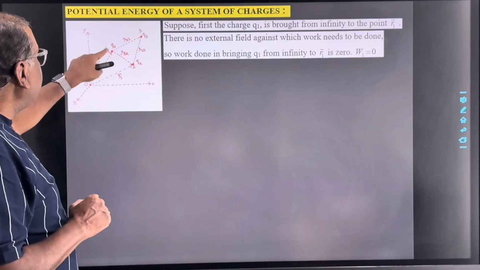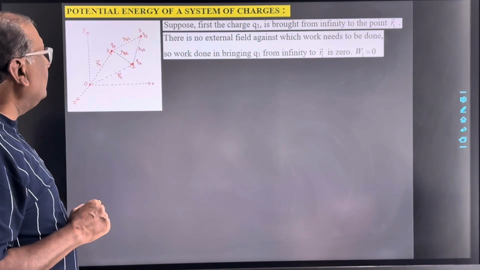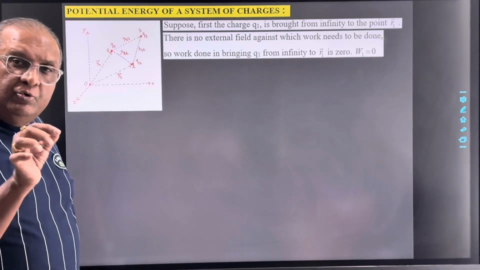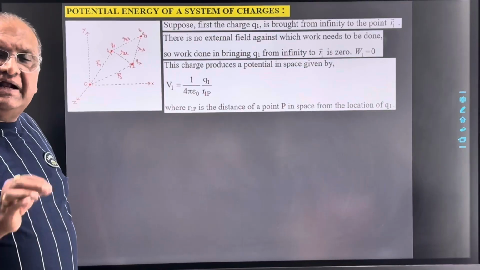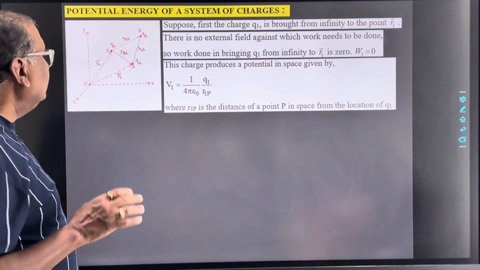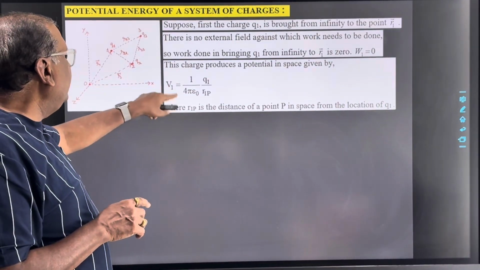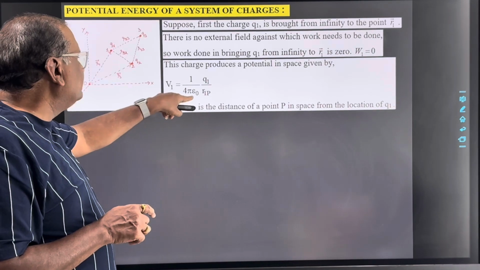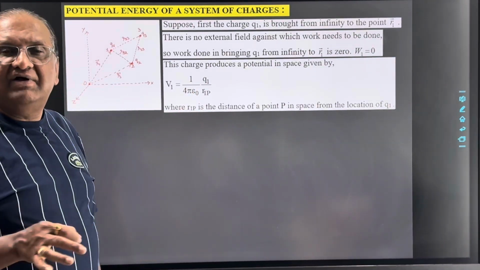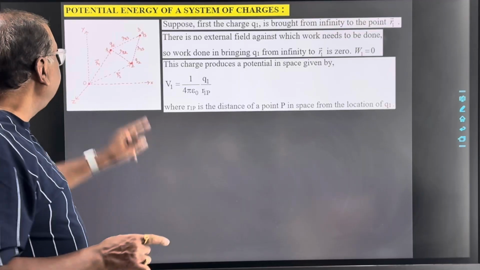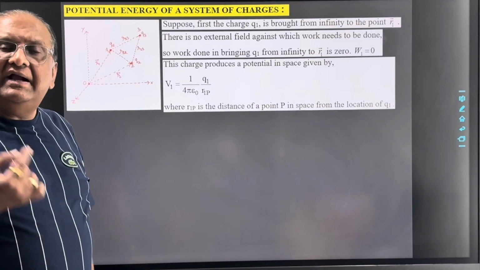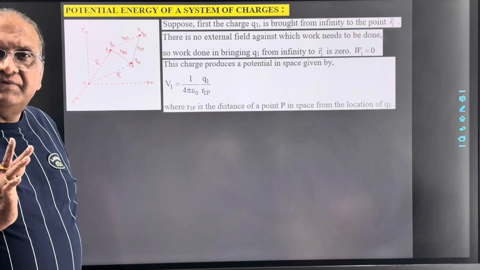Now when charge Q1 is placed at position 1, then due to charge Q1, the electrostatic potential at any point P is given by V1 equal to 1 upon 4 pi epsilon 0 Q1 upon R1P, where R1P is the distance between 1 and point P. Okay.